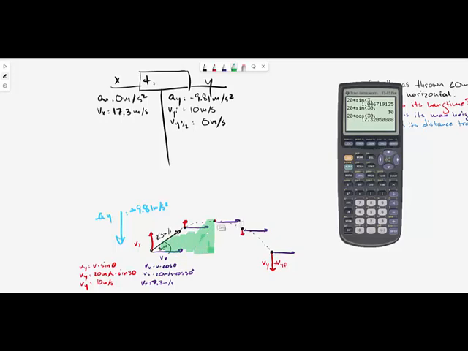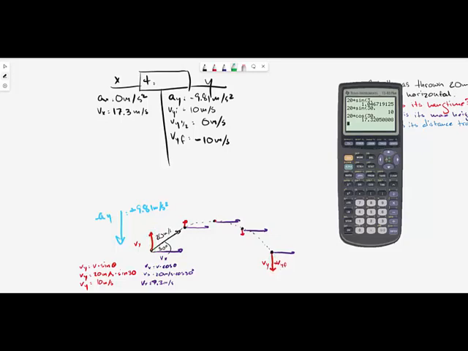Also, the velocity y at the final, when we land, is negative 10 meters per second, right? Because the velocity going up here is the same as the velocity going down here. However, at the end, it's going down, meaning we're going to give it a negative value.